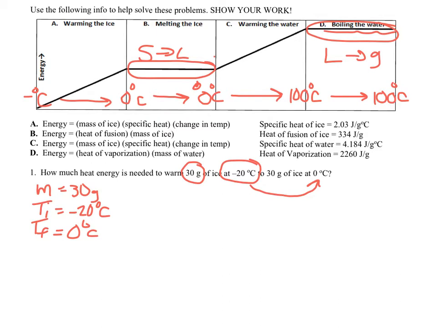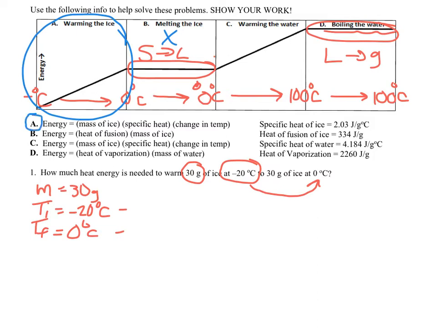Now, since this is at a negative temperature to start, and it's only going up to 0, that means that when we're looking at our energy chart here, we are simply staying in the A section of warming up ice. We aren't melting it at all, so we're not dealing with eventually warming up to water. So we're just dealing with the A section.